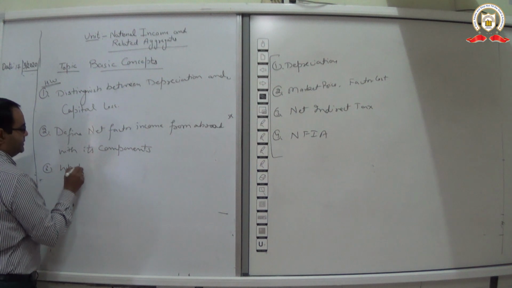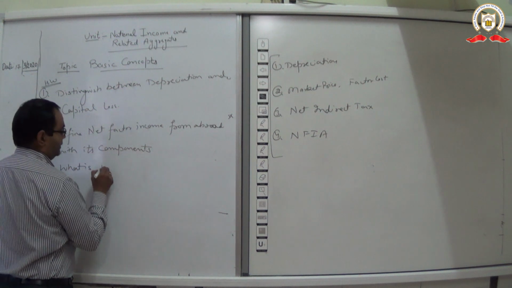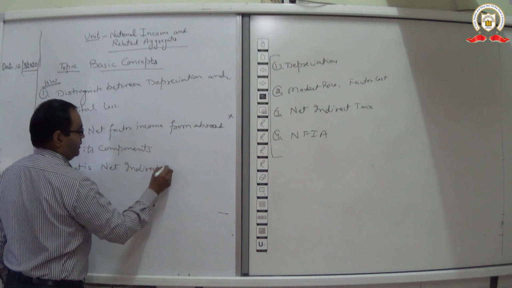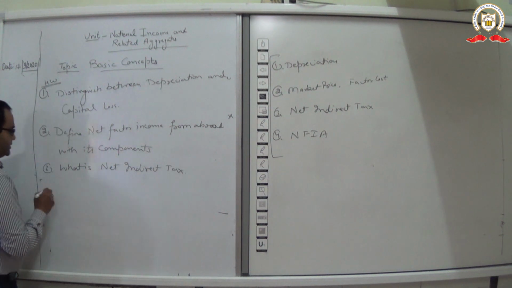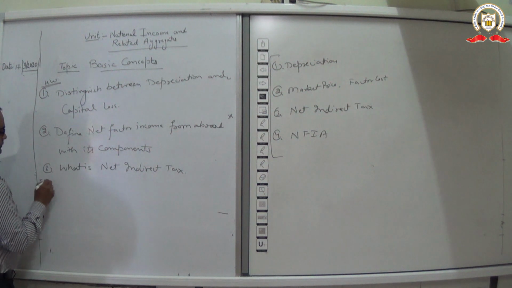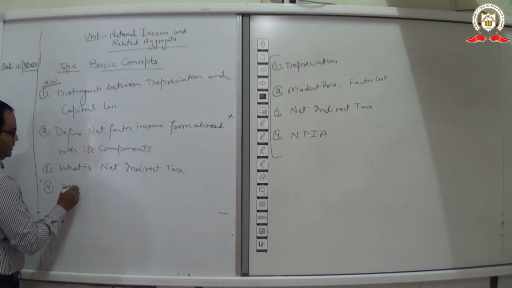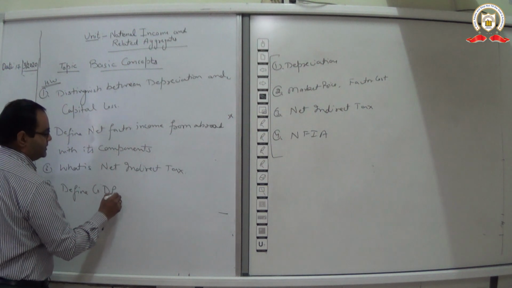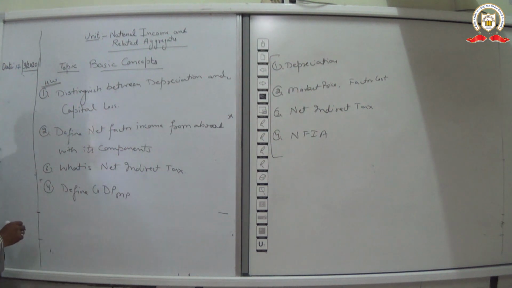What is net indirect tax? Define gross domestic product at market price.